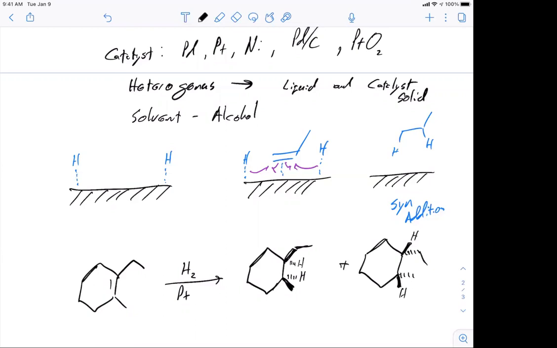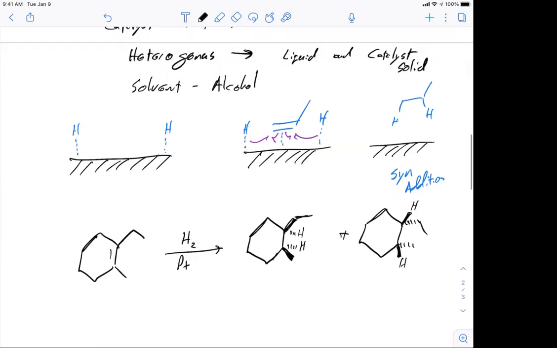We get syn addition, right? So we'll only have these two isomers. Both the hydrogens, whether they add from the bottom or the top, and remember that's because this starts planar, we're going to get these two enantiomers.